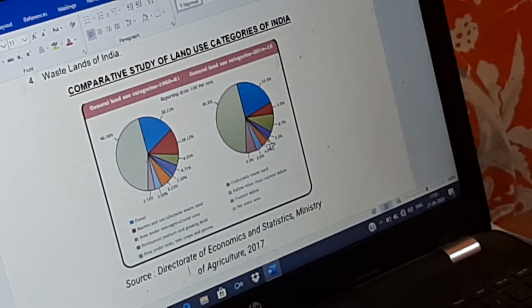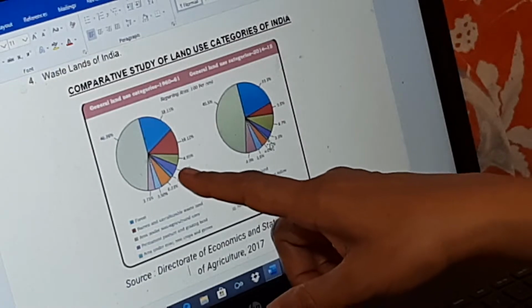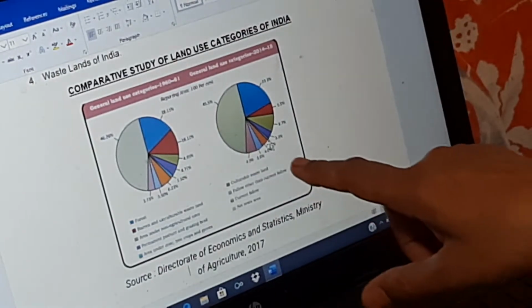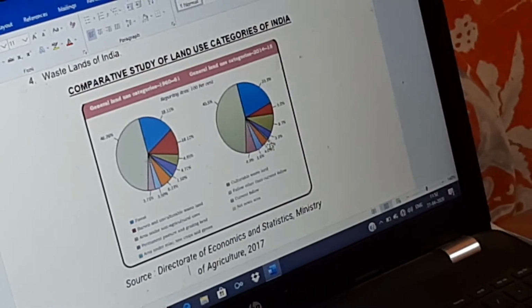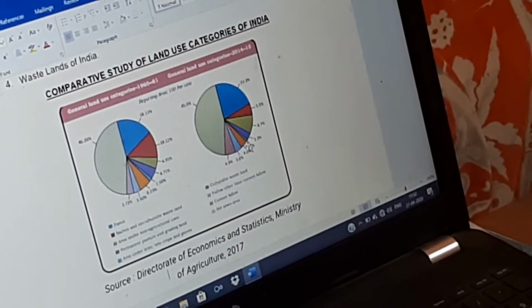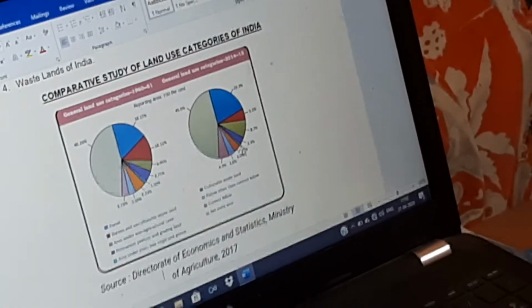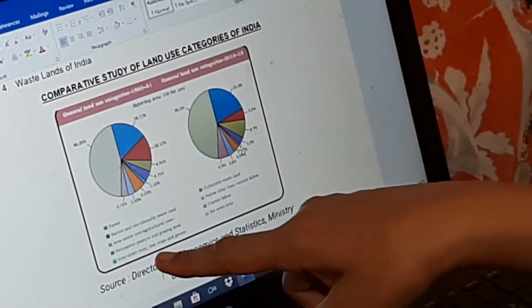Because continuously population is increasing and demand for other non-agricultural activities is also increasing. Next one is permanent pasture, which was 4.7 and now it is 3.3. Why? Because pasture grounds are not kept as grazing ground, rather they are being occupied by non-agricultural purposes, or by forest covers.